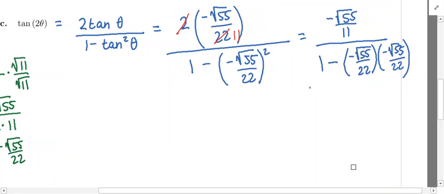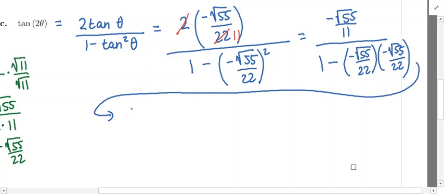This might get messy, so let me give myself more room. This is going to be negative square root of 55 over 11, and then in the bottom we're going to have 1 minus, negative times negative will turn it positive.